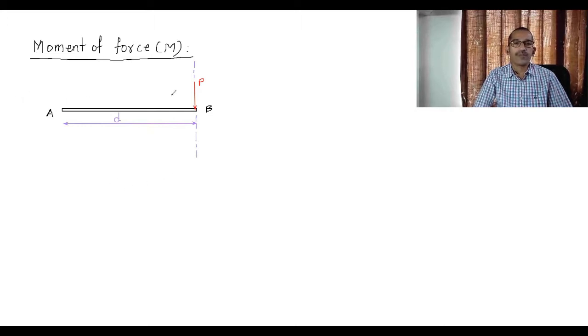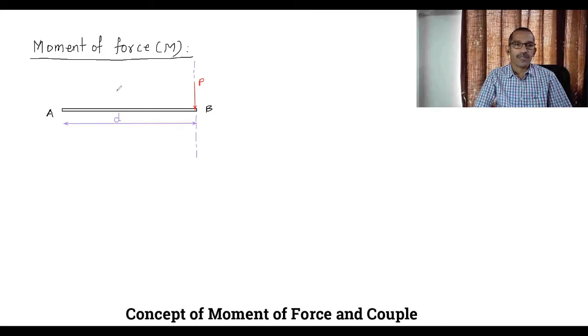Now if you want to find the moment of this force, basically what is moment? When any body is subjected to some external force or forces, the body tends to rotate. Assume AB is a bar, like a pen held at point A, and if we apply force in the downward direction, due to this force P the bar tends to rotate in this direction.